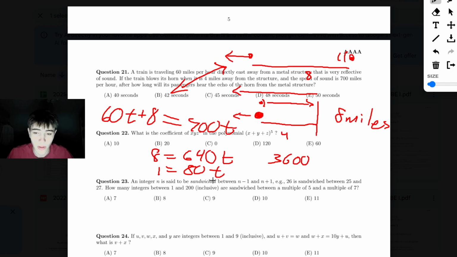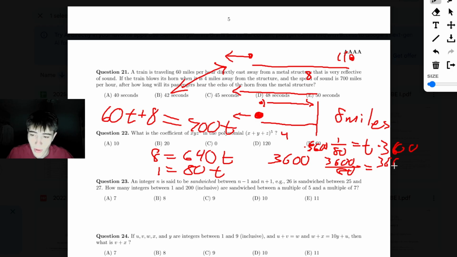So if we have 1/80th equaling t in hours, to get that to seconds we multiply by 3600. We end up with 3600 over 80, which is 360 over 8, which is equal to 45. So our answer is C, 45 seconds.